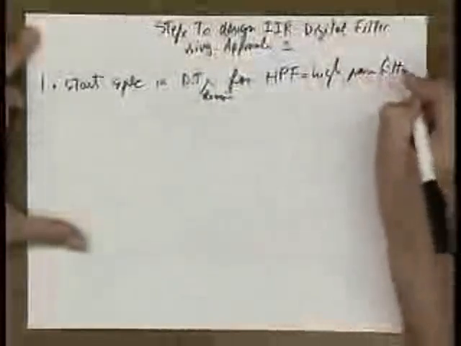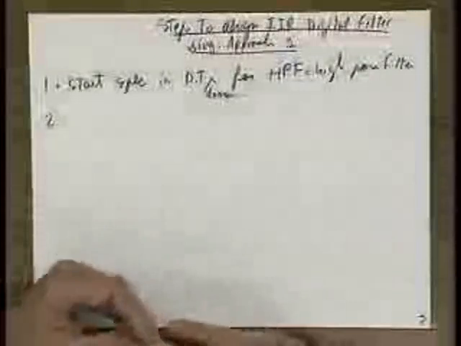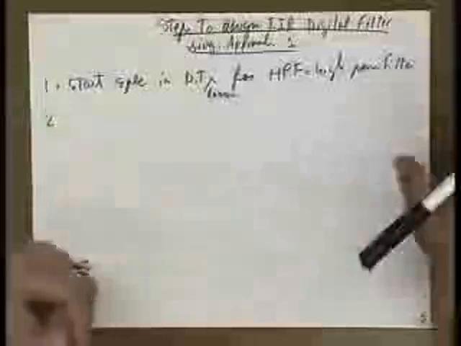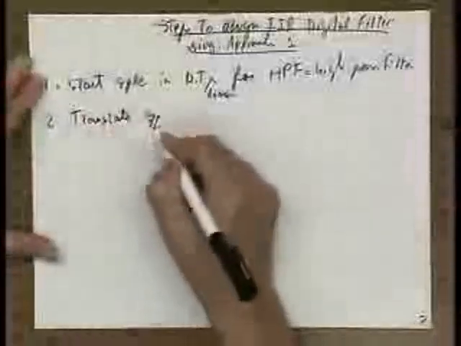That's given to us by the system designers, and we don't have much control over it. You're stuck with it. So the first thing you do is translate the specs from a discrete time high-pass filter into a continuous time high-pass filter.